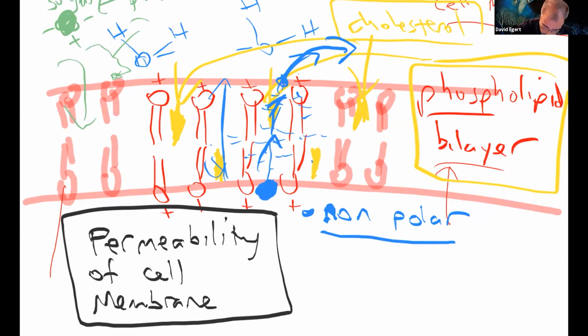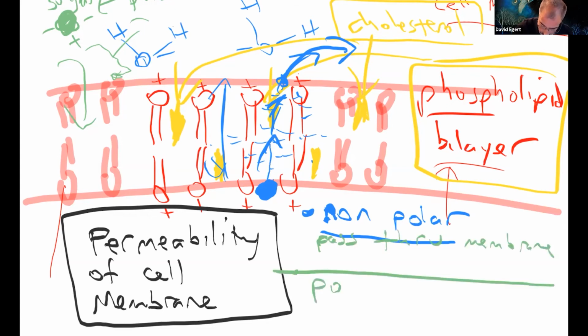So non-polar molecules pass through the membrane easily. Polar molecules, in general, not permeable.